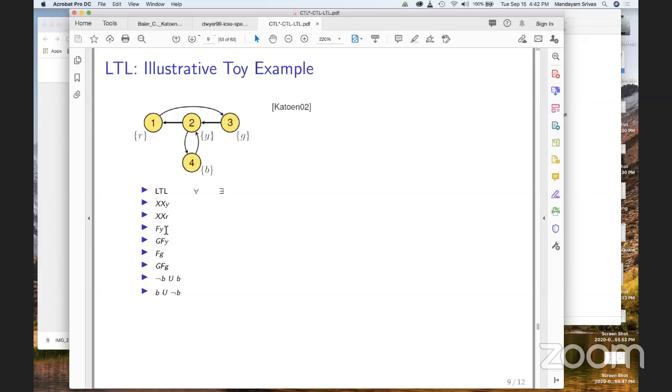Let me now move to the third one, F Y. I don't have the answers on the slide, but I think all the states would eventually lead to it.